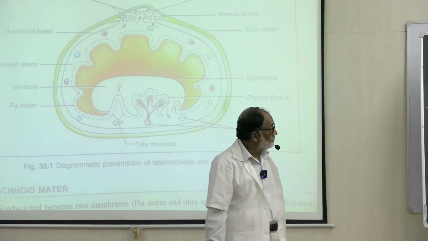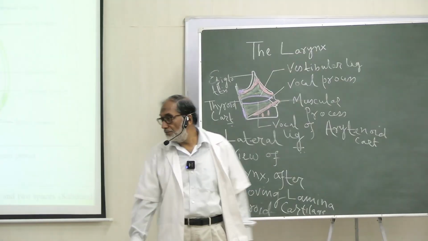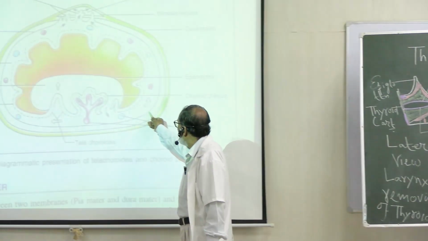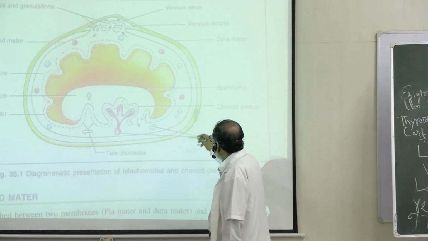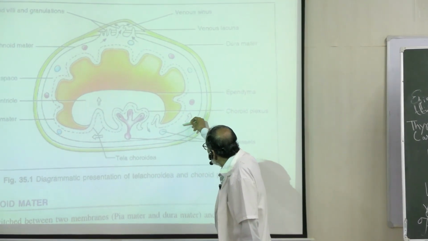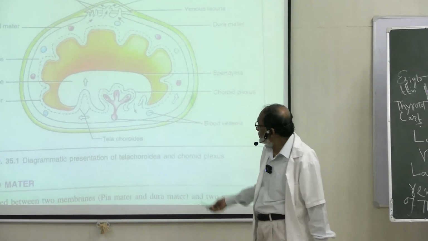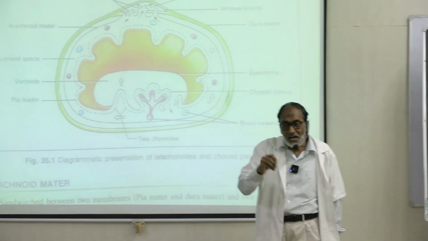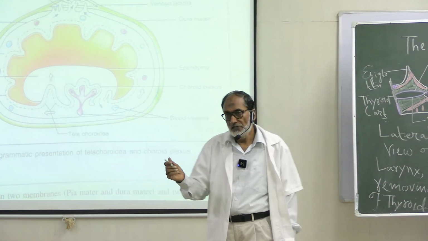Now here some space has been created. In relation to Pia mater and arachnoid mater, deep to the arachnoid mater there is a space. That space is known as subarachnoid space.